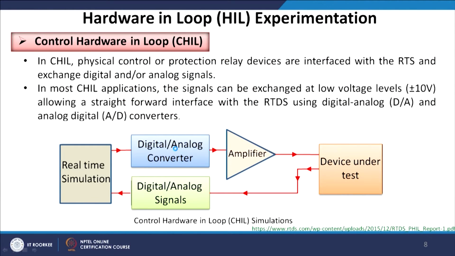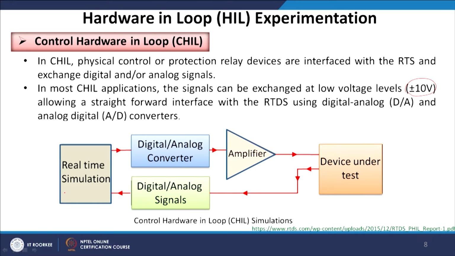If you see the CHIL application, the signals can be exchanged at low voltage level, around plus or minus 10 volts, allowing a straightforward interface with the RTDS using digital to analog and analog to digital converters.